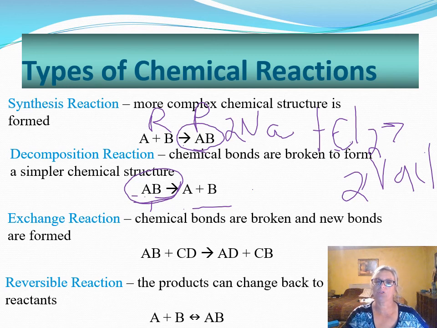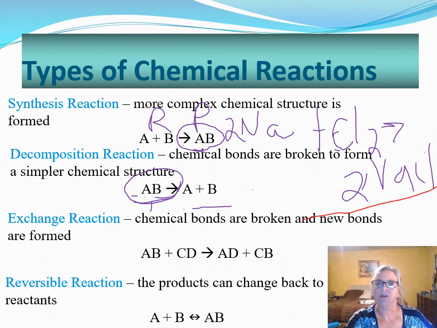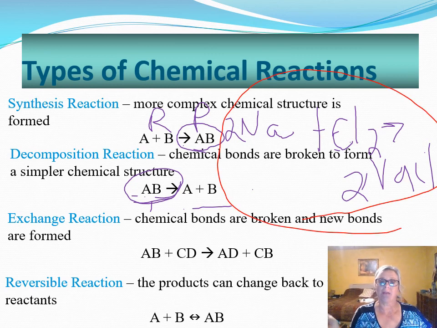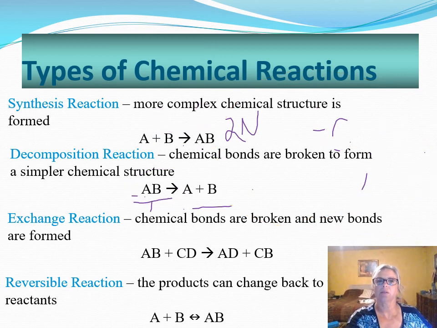And basically you could just take this equation here that I wrote for sodium chloride and flip it around. So you would have 2 NaCl on the left yields, and that's what the arrow means, 2 Na plus Cl2. Okay, let me erase all that.